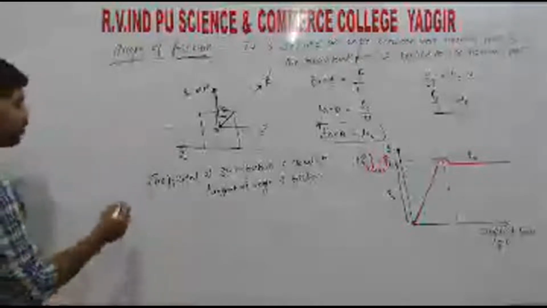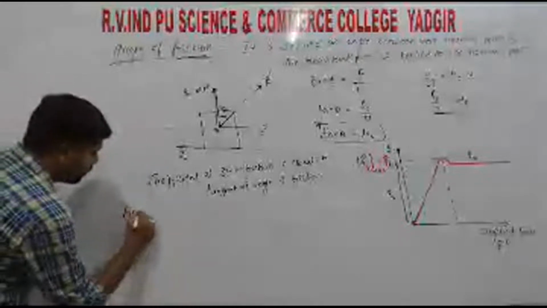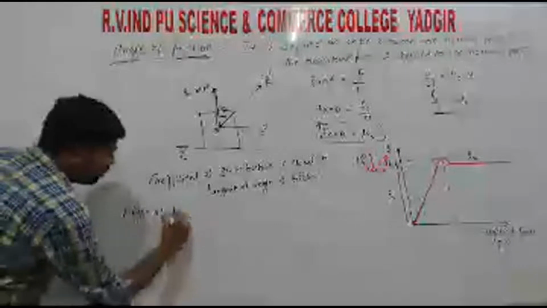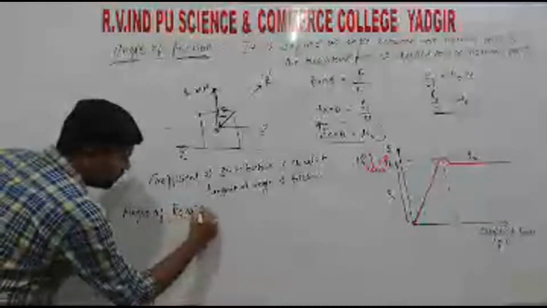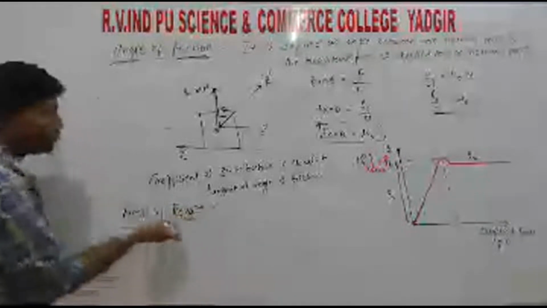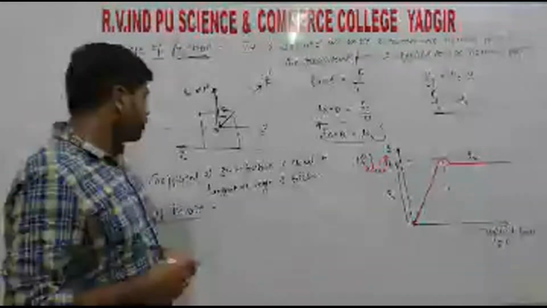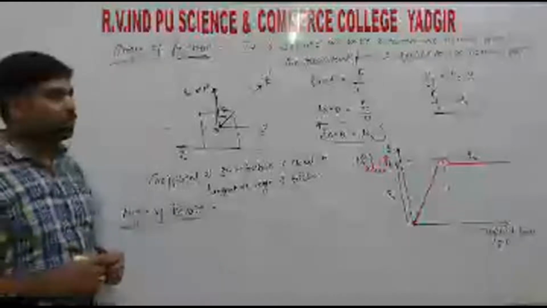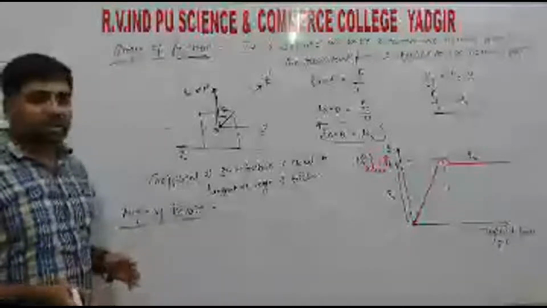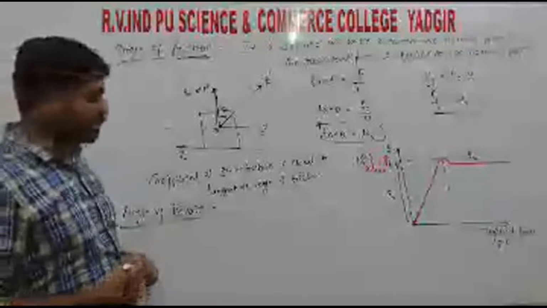So next, one more is there, that is angle of repose. This is not in the board exam, but it is necessary, right? So what is angle of repose? As we were discussing the kinetic friction, that is the sliding friction, right?